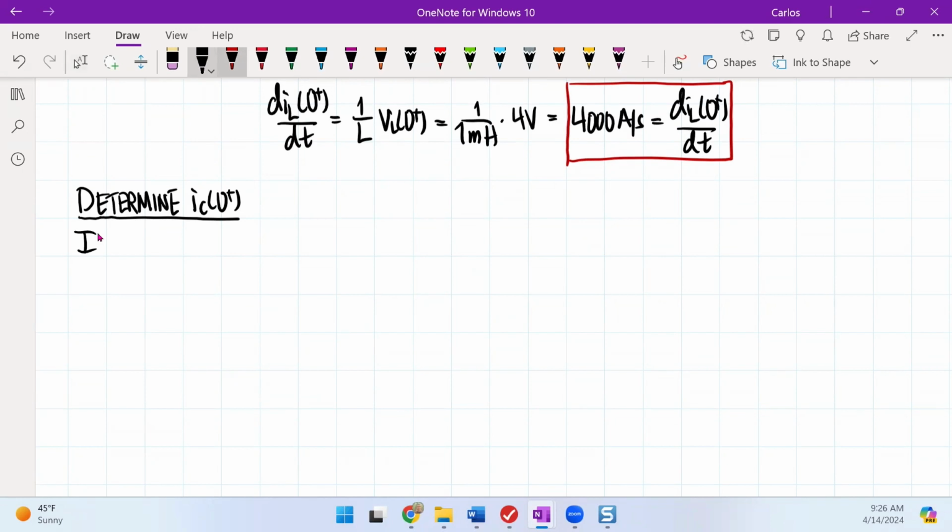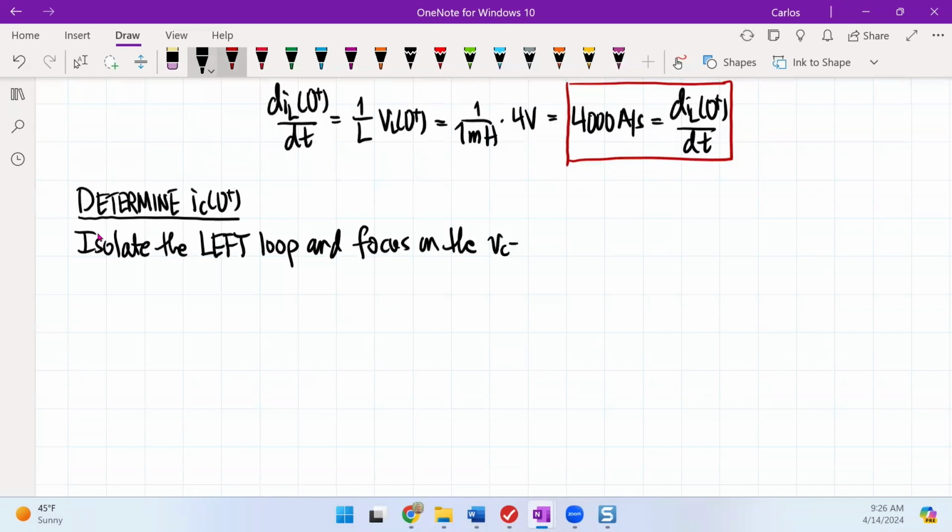So let's isolate the left loop and focus on the VC node. So let's draw this out again.